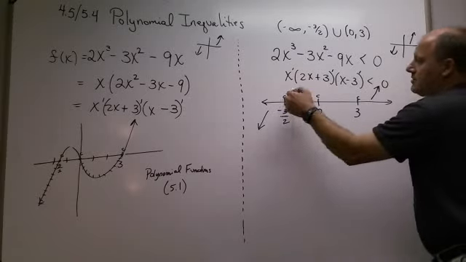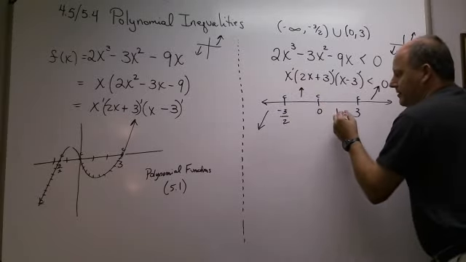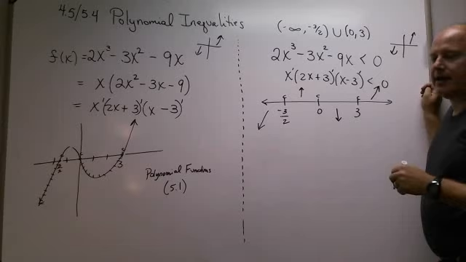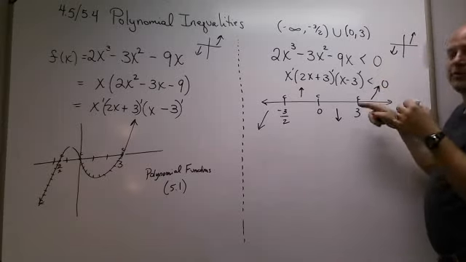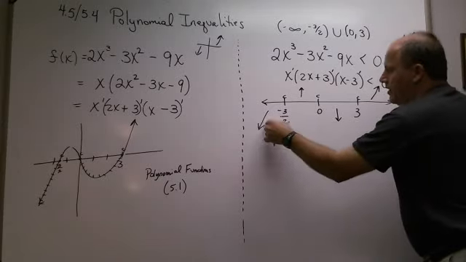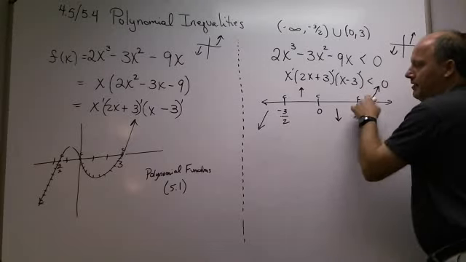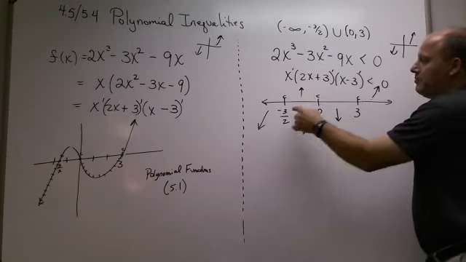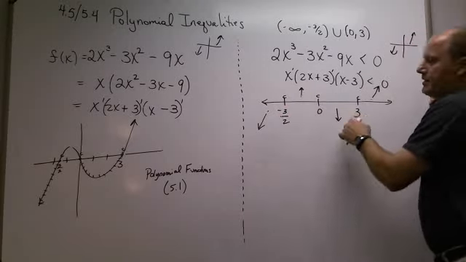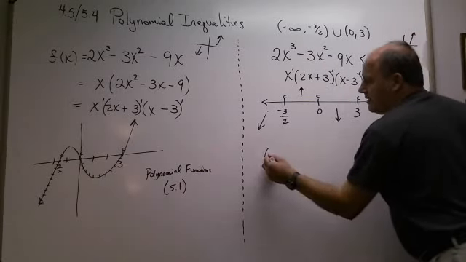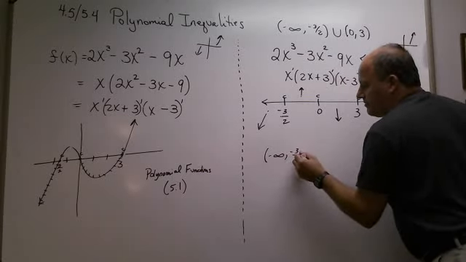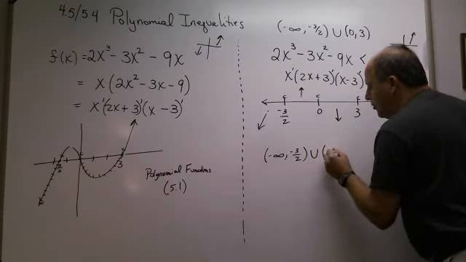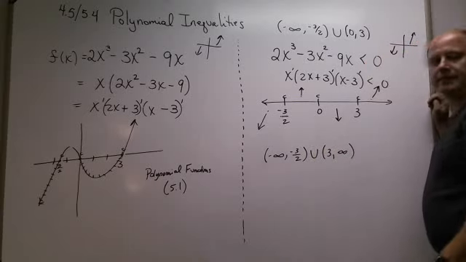And since they cross, it'd be up here and back down here. And again, I'm looking for less than 0, so I'm looking for the below part. So below part here, above, and above. These are not going to be my answers then. It's going to be this interval and this interval. So just like what we have up here, negative infinity to negative 3/2, union 3 to infinity.